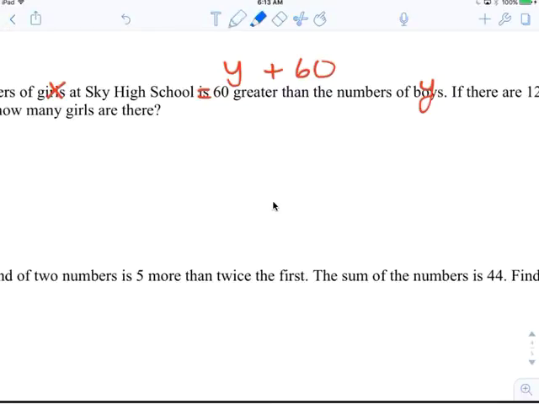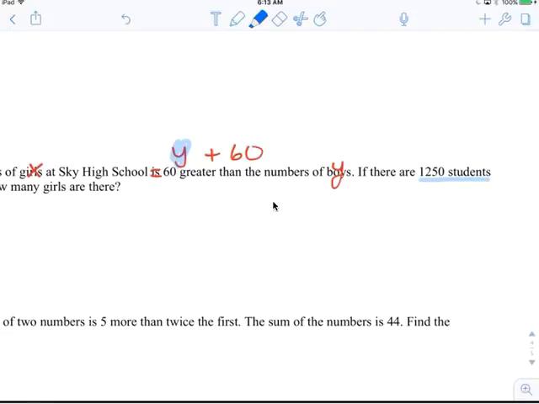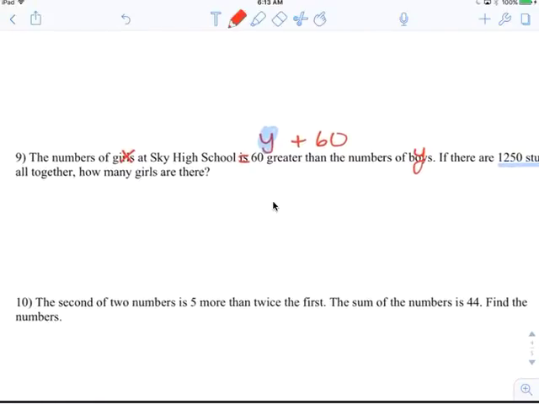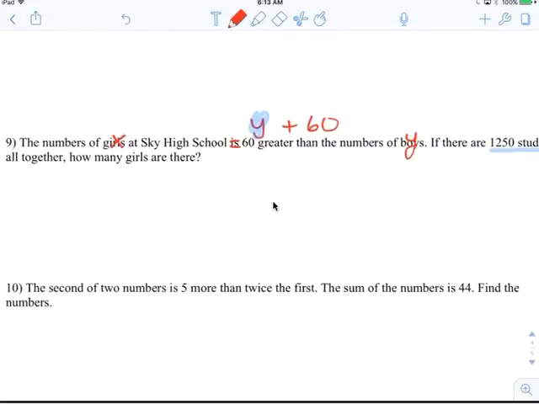So whatever the boys' number is, say there were 500 boys, plus 60, that's the number of girls at Sky High. Make sense? If there are 1,250 students all together, how many girls are there?